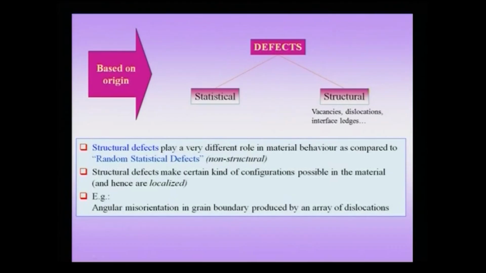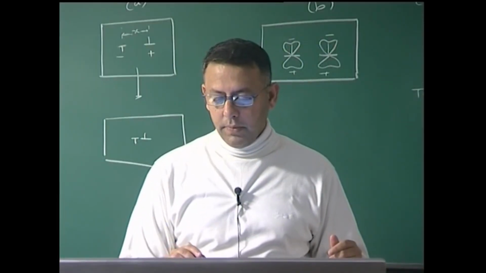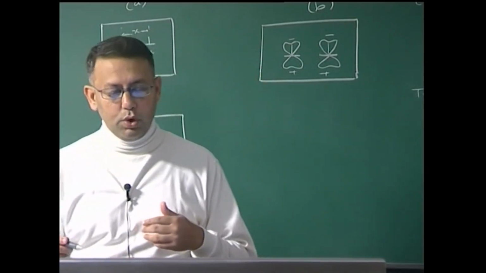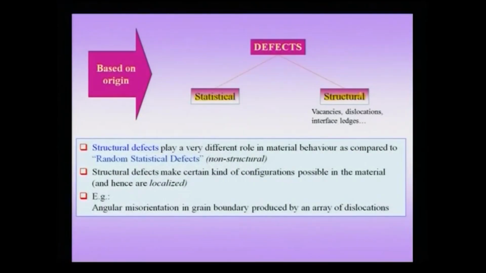We will spend a little more time on understanding what is called defect classification based on origin. There can be statistically stored defects, in other words, those present for non-specific reasons in the crystal, and what we may call structural defects, and of course, I will show you by at least one example how a statistically stored defect is different from a structural defect.